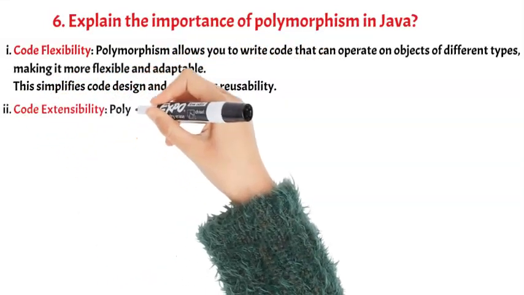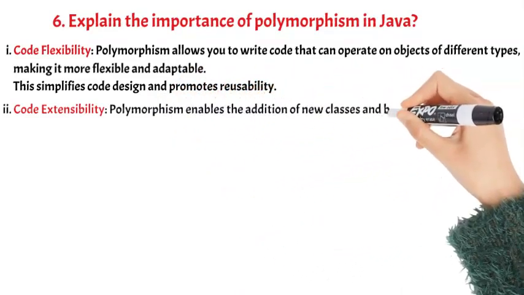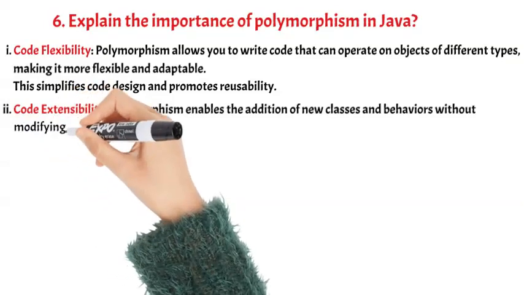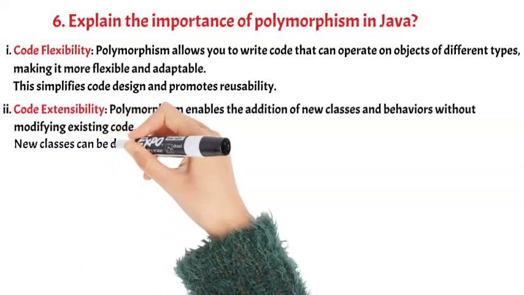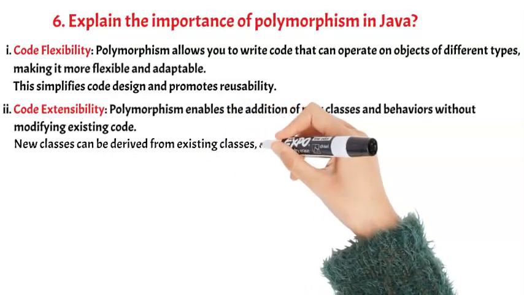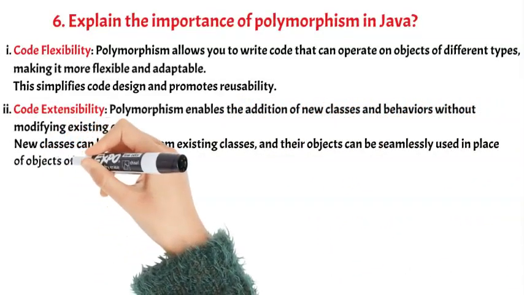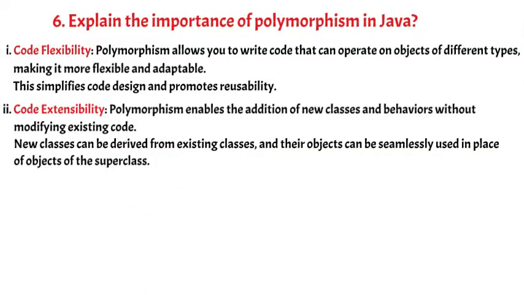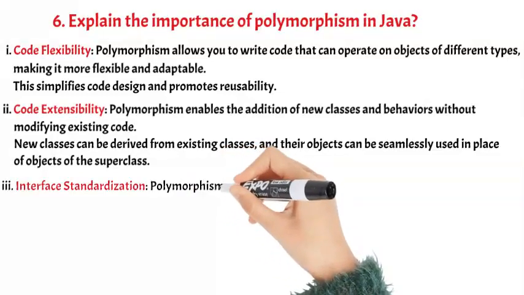Code extensibility. Polymorphism enables the addition of new classes and behaviors without modifying existing code. New classes can be derived from existing classes, and their objects can be seamlessly used in place of objects of the superclass.